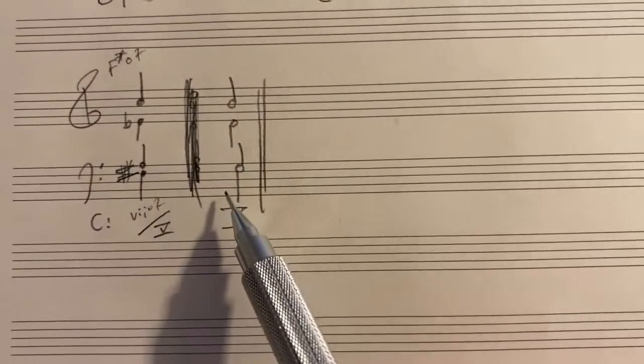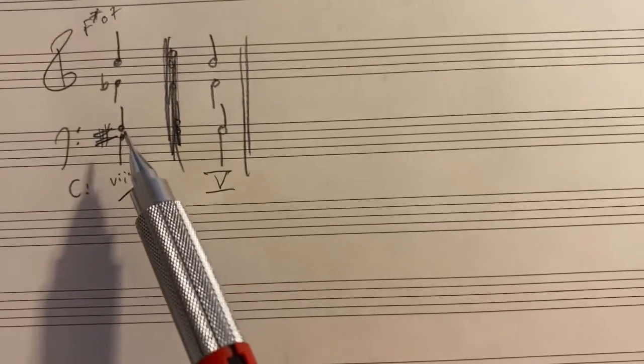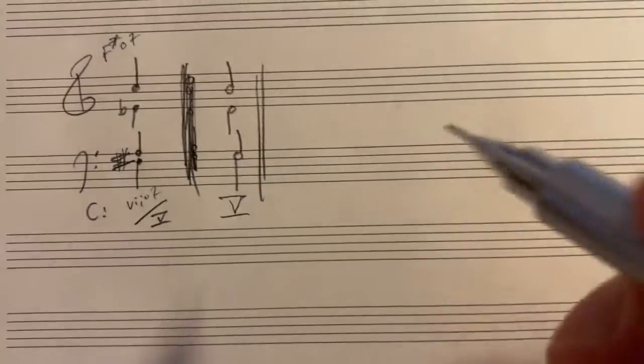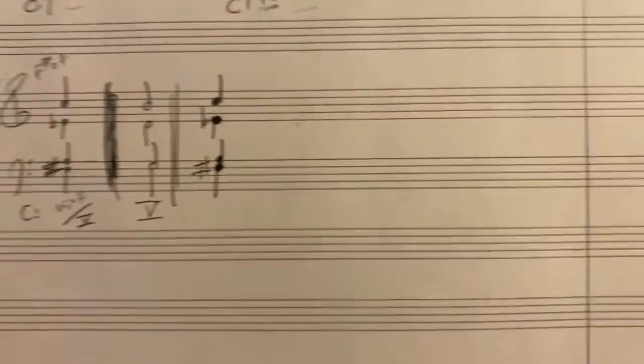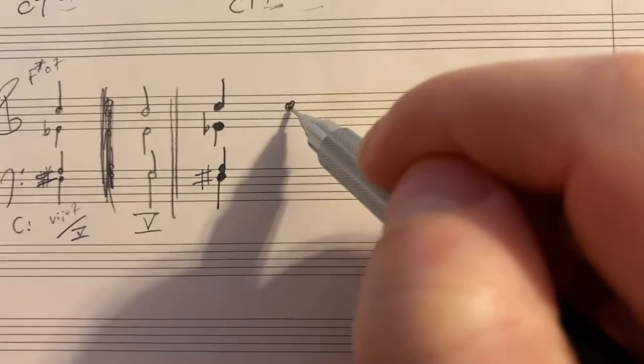Oh, it's going to 5. It all makes sense. Our Roman numeral is making sense of how this is functioning. But what if we had that same exact chord? Same exact chord. There it is again. But it was going to this.